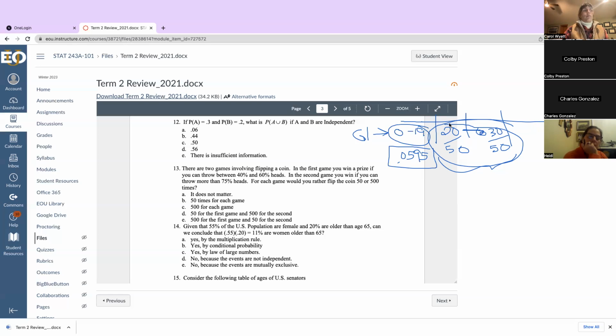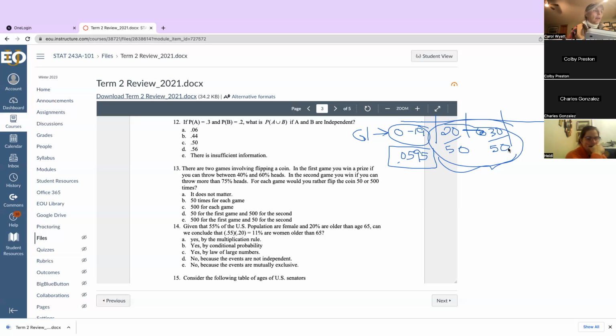Now I want to do 20 to 30 wins. So if you throw between, probably should have done 20. It says between 40 and 60%. Is 40% between 40%? No, it's not. I'm going to do the same thing this time, except I'm going to use 20 because it says between 40%.